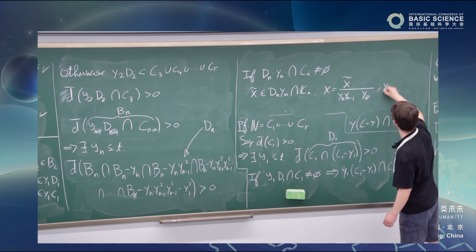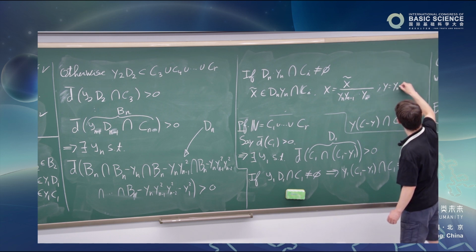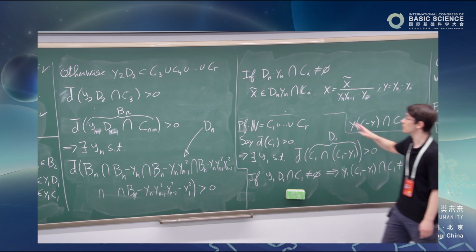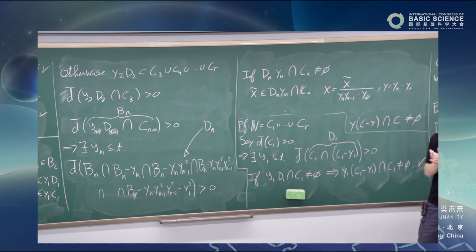And y is going to be that product. And so from the construction, you can then see x plus y, x times y, and x are all in the color Ci. Okay, so we iterate, and that's the end of the proof.